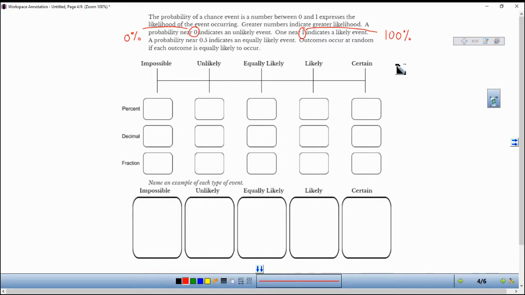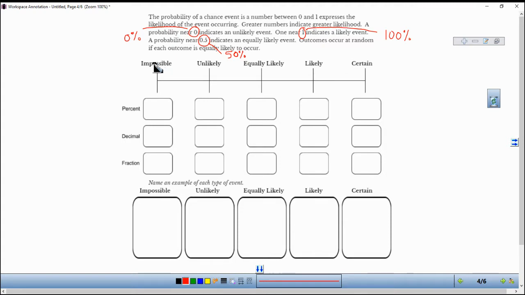So the closer the event is to being 100% chance, the more likely it is to happen. Now this 5/10 as a percent would be 50%. So we call that equally likely, because there's not one outcome that's more likely than another. We have a 50% chance.